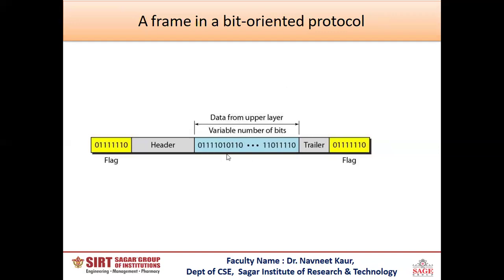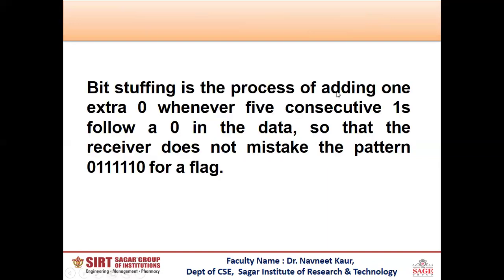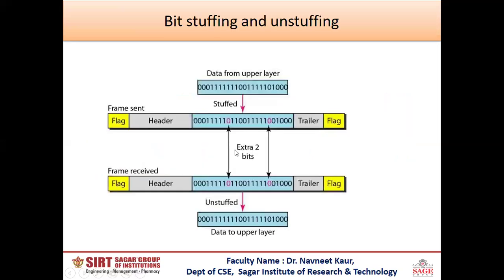When we obtain data from the upper layer, the data link layer adds a header and trailer, and also flag bits at the beginning and the end of the frame which act as delimiters. If we obtain data in which we have a pattern similar to the flag pattern, then, so that the receiver does not mistake the pattern for a flag, one extra 0 is stuffed after 5 ones.